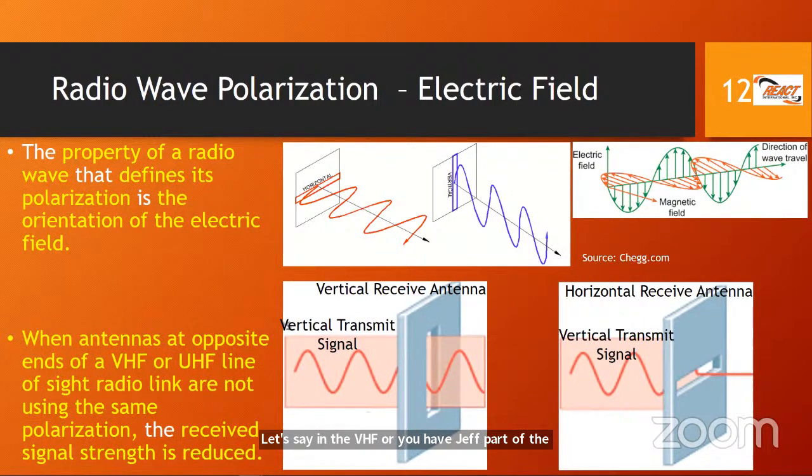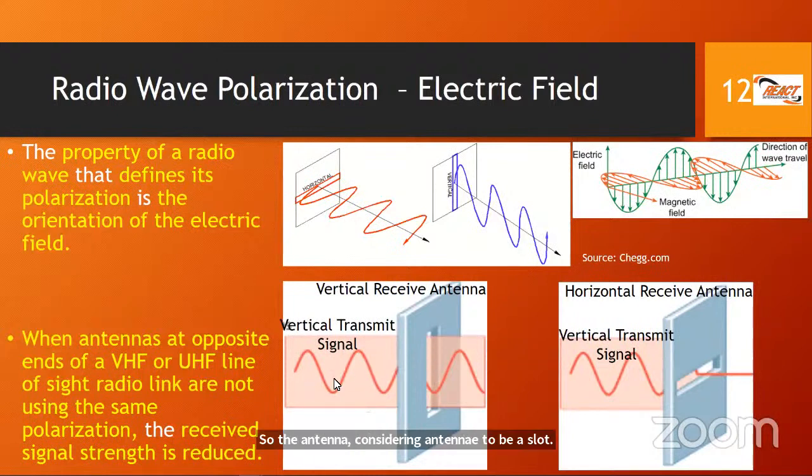And we are trying to illustrate that with these two diagrams at the bottom here, right? So we have a transmitter that is transmitting a vertically polarized signal. And remember, we said vertically polarized means that the electric field is what we are talking about. So the electric field is vertically polarized. It goes this way. And the antenna happens to be a vertically polarized antenna. So consider the antenna to be this slot.